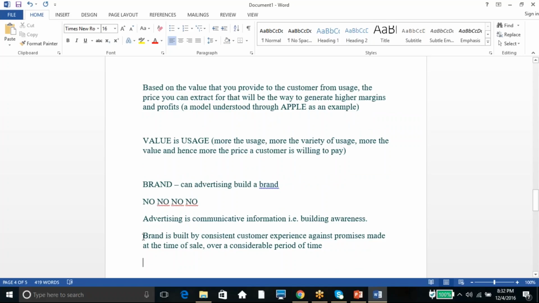This is how brand is built, and therefore you cannot build a brand in a day. So this is where the product life will define the time.